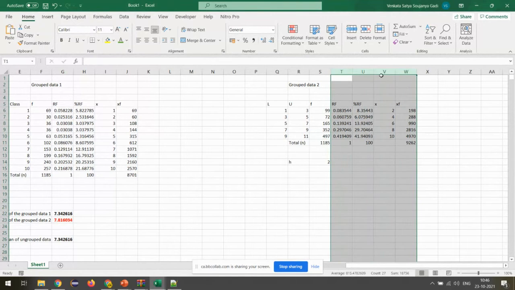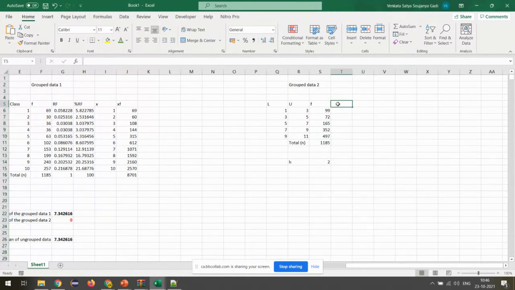Let me add a few rows here. The middle row. Sorry, the CF, cumulative frequency. Let's calculate the cumulative frequency. How do we calculate cumulative frequency? 8 plus 99, 8 goes 72 plus 99. Same formula applies until down.